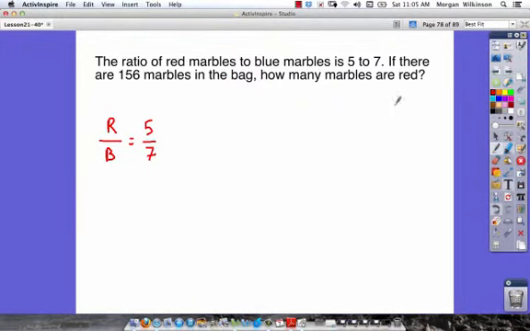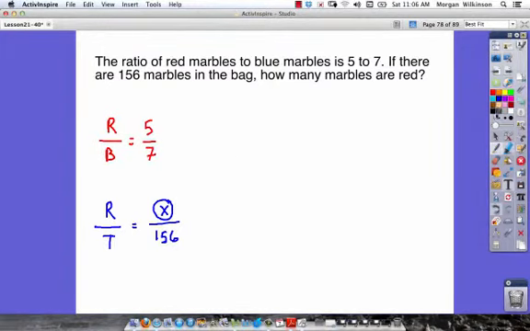What we want to know is, given that there are 156 marbles in the bag, how many marbles are red? So what we really want in this problem is we don't want to know the ratio of red to blue. We want to know the ratio of red to total, because that's what we're given for our information. There are 156 total marbles in the bag. How many are red? Well, we don't know. We'll call that x. Let's circle it so we know that's what we're solving for.